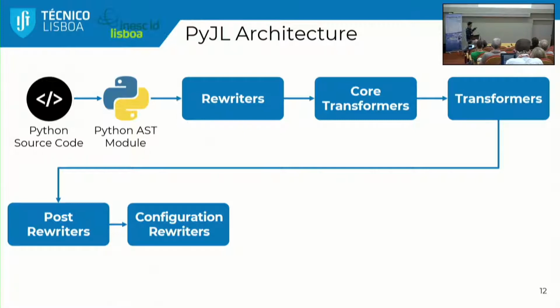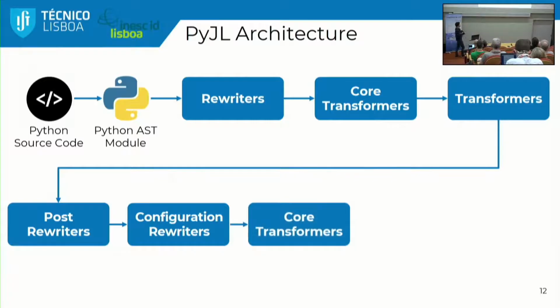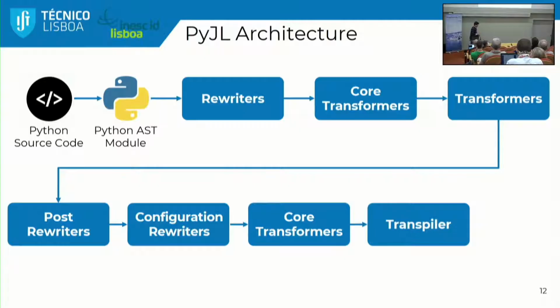And you'll actually see a bit of those examples throughout this presentation. Then you run the core transformers again, and this is basically to ensure that no core Py2Many functionalities were overridden by the previous phases. And then you run the transpiler phase, which actually converts semantics and syntax into Julia and actually generates the source code as a string representation.